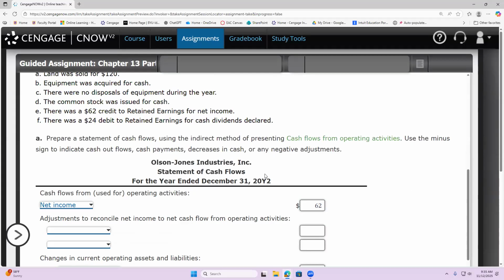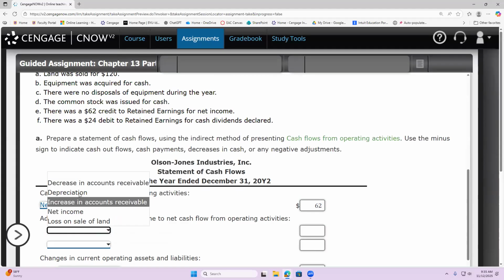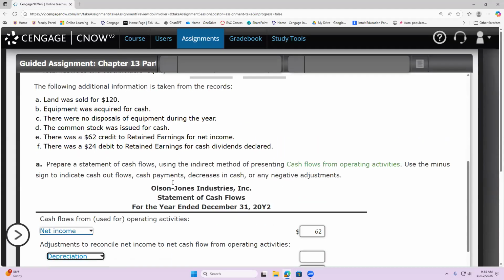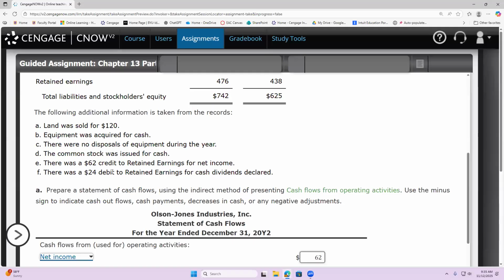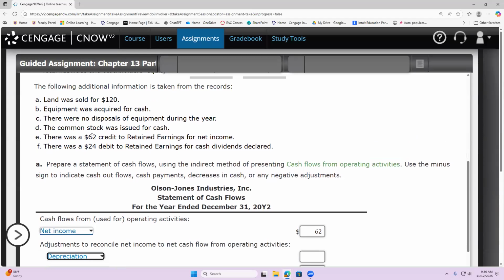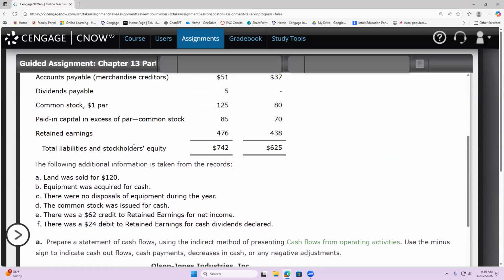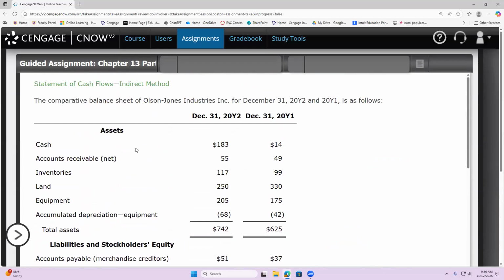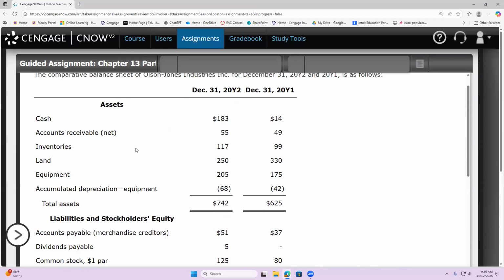And then the next step is we are going to add depreciation back in. So we're going to look up here.